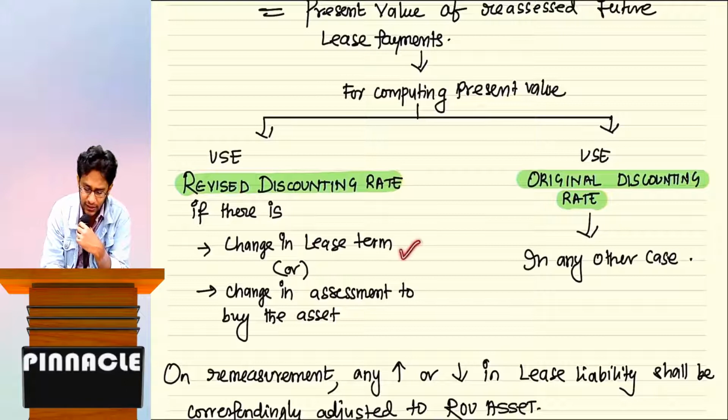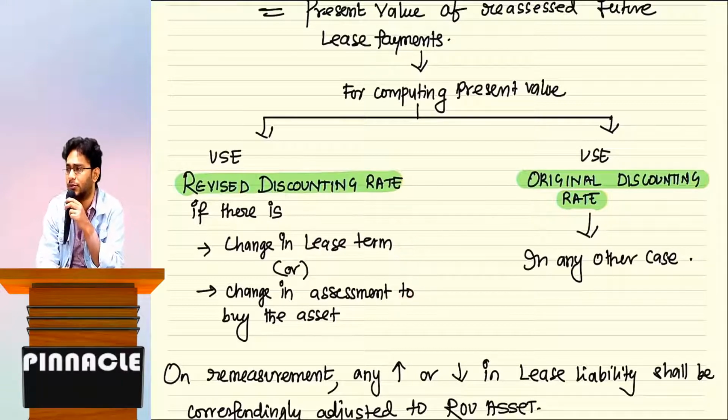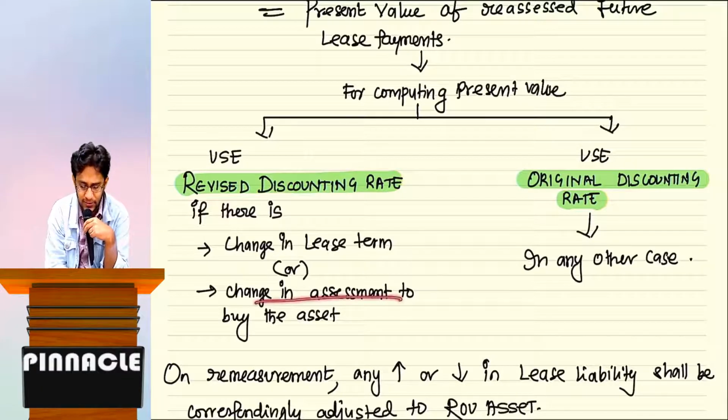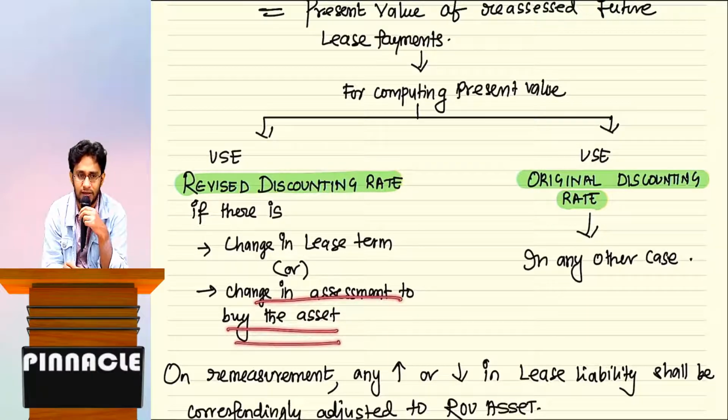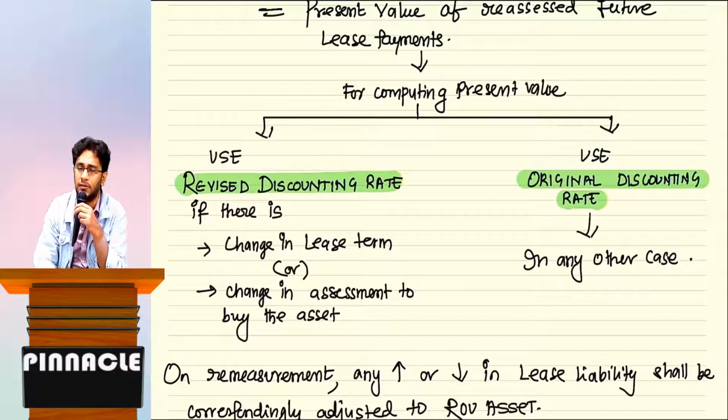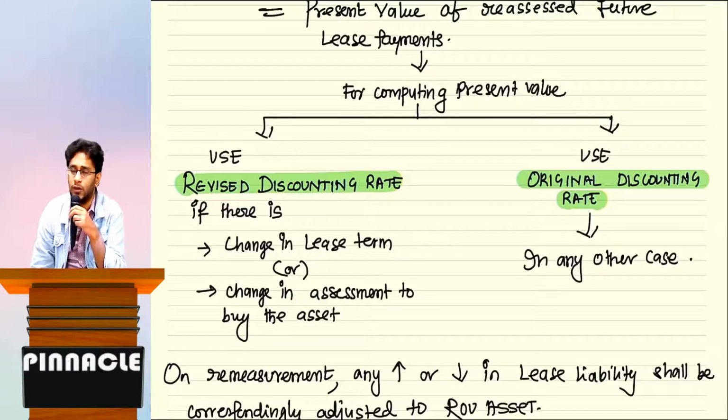For that, in two cases you have to use a new discounting rate. The two cases: one, because of your reassessment, a lease term increase or decrease is there; and two, when there is an assessment change regarding buying the asset. That means originally you thought that you will buy the asset at the end of the lease term, but now you decide not to buy, or originally you thought you will not buy, now you decide to buy.